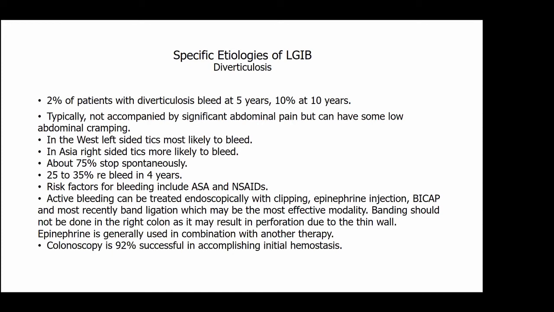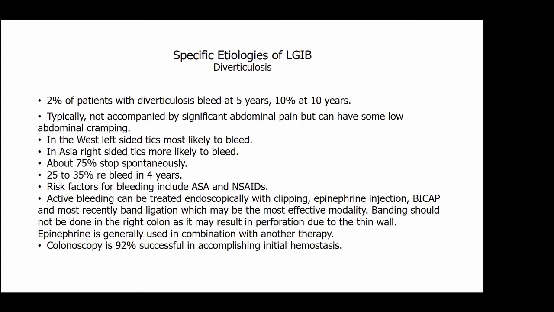Diverticulosis is common, and fortunately, most of them don't bleed. 2% of patients with diverticulosis will bleed at 5 years, and 10% will bleed at 10 years. Typically, a diverticular bleed is not accompanied by significant abdominal pain, but they can have some relatively minor lower abdominal cramping.